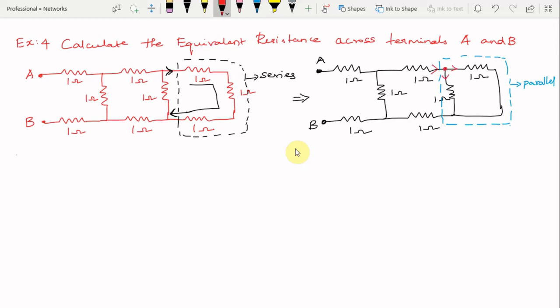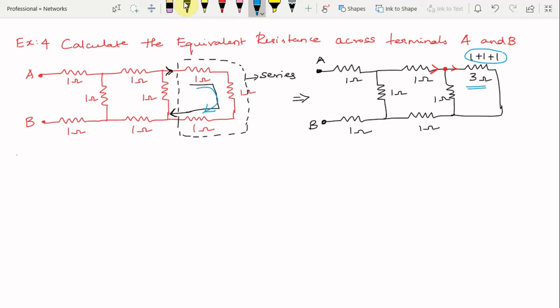At this point, the total current is going to divide between these. Therefore, the current carried by these two resistors is not the same. Therefore, they are said to be in parallel connection. So now we have added these three values of resistance and put this as 3 ohms.